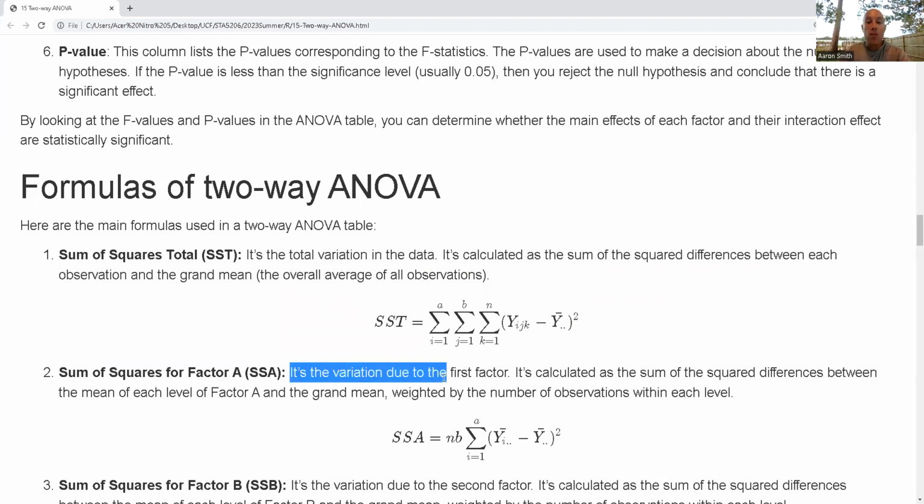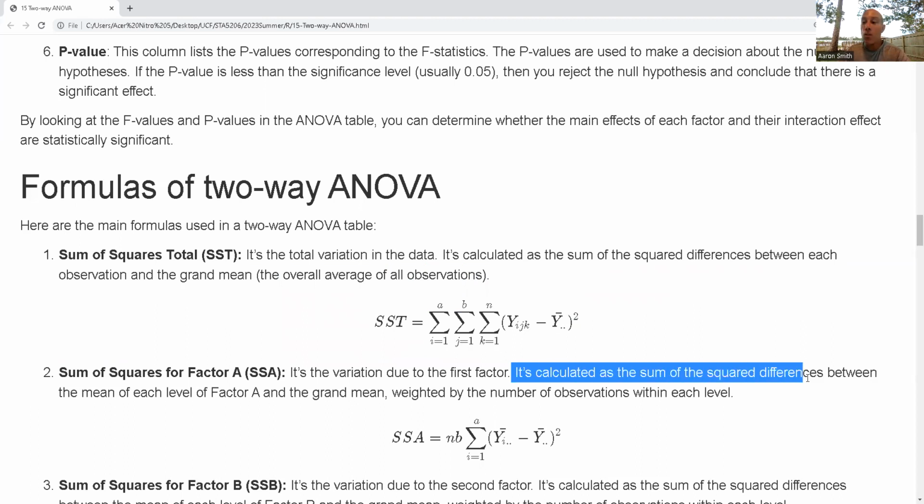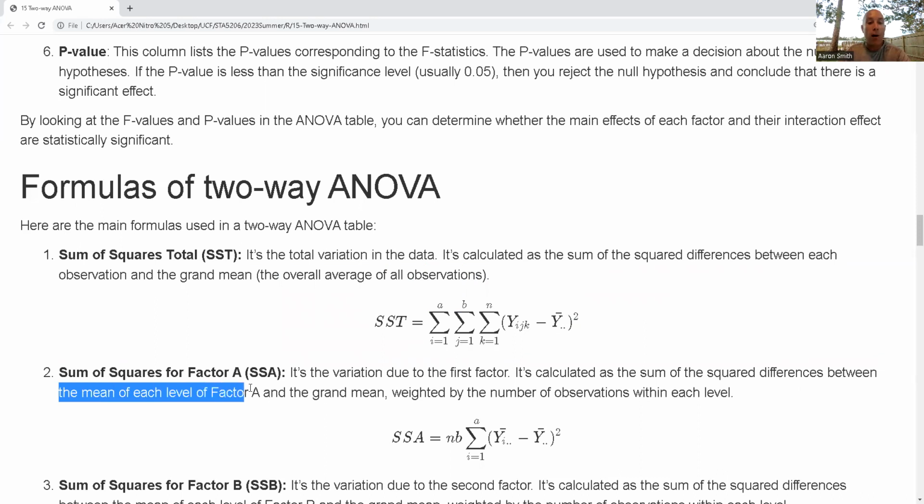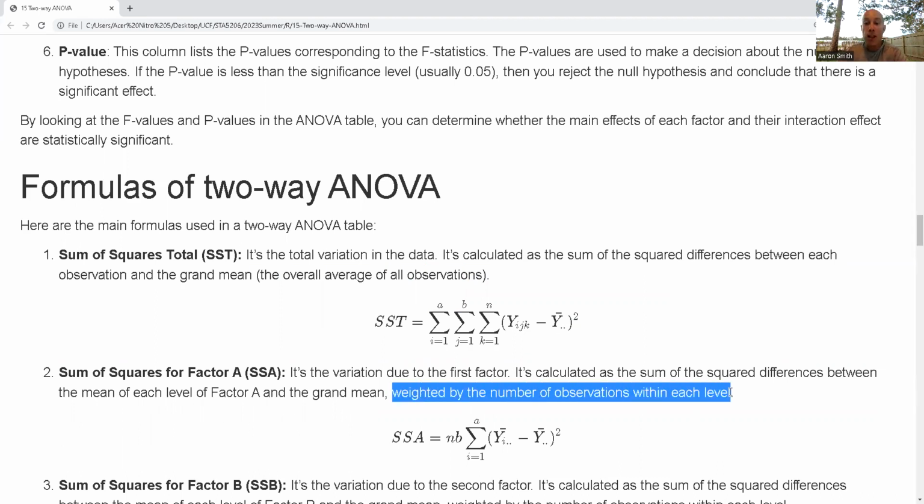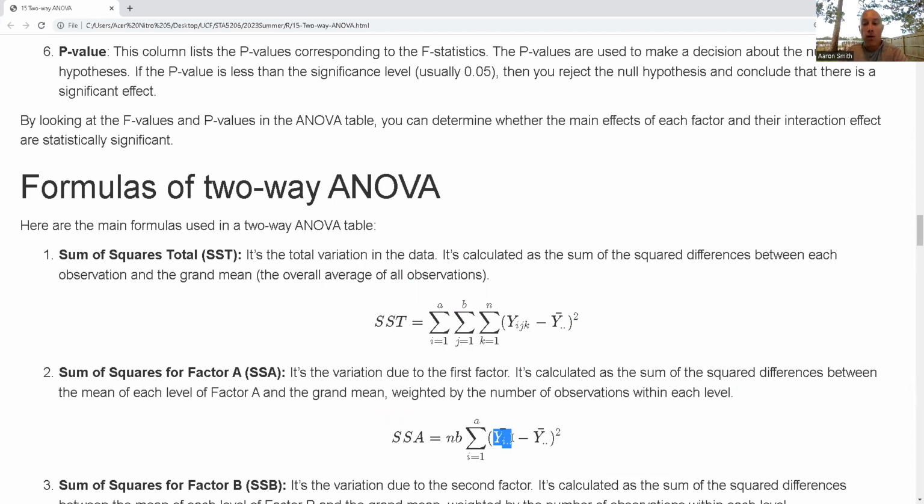Now, the sum of squares for factor A. This is the variation due to the first factor. It's calculated as the sum of the square differences between the mean of each level of factor A and the grand mean, weighted by the number of observations in each level. So here I take the average for each individual level of the first variable. This is like my between sum of squares in one-way ANOVA.